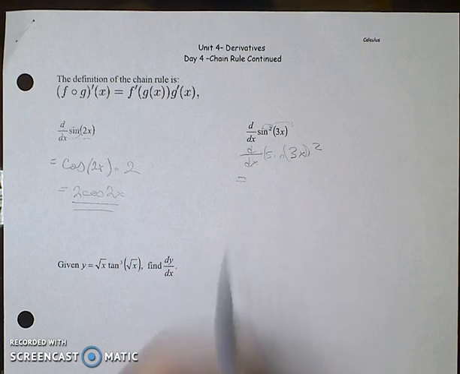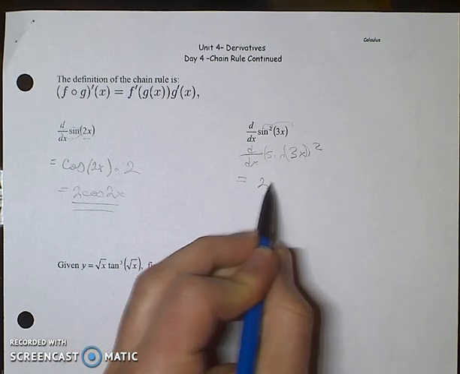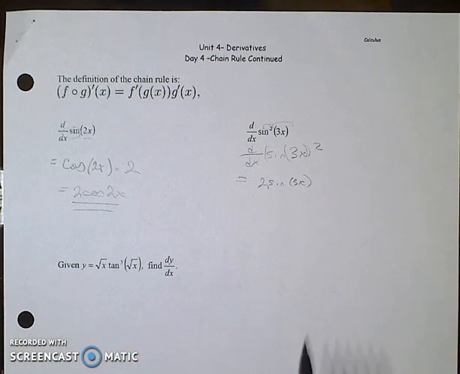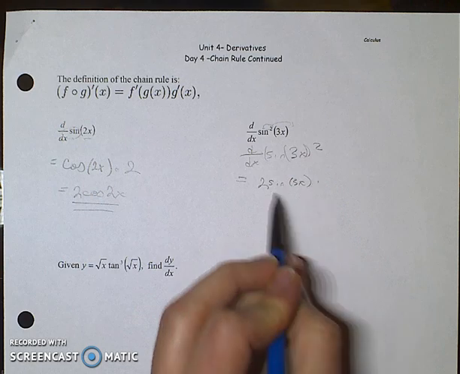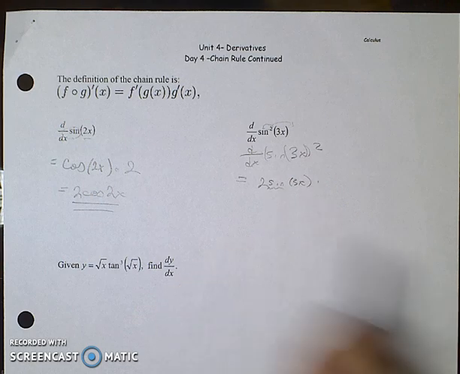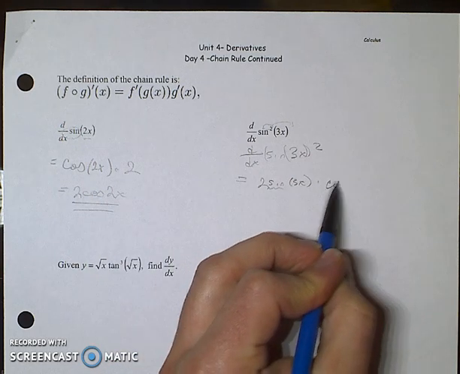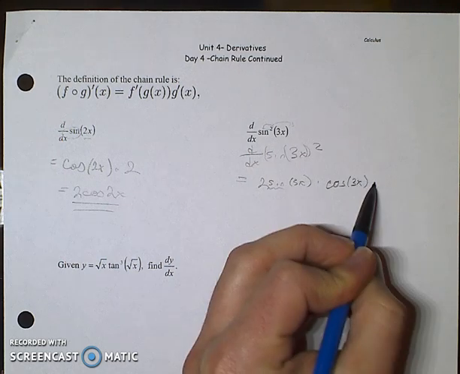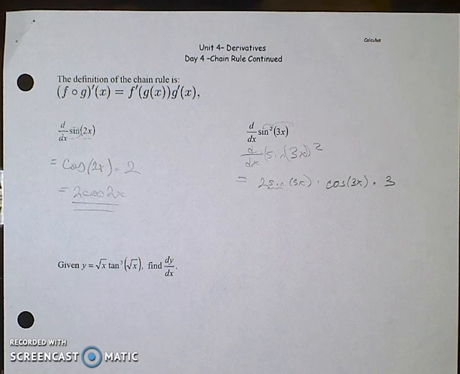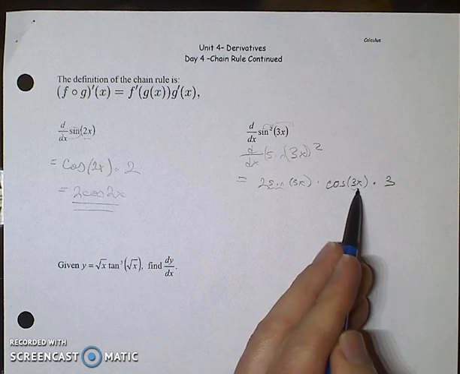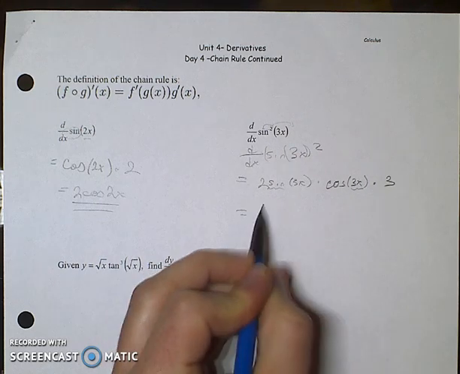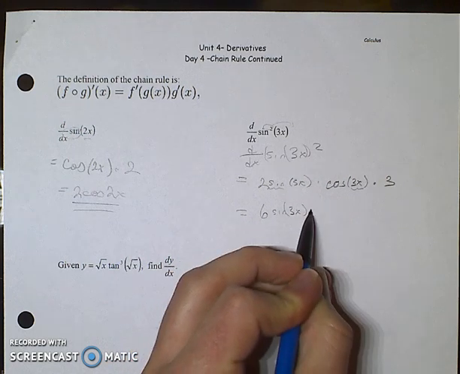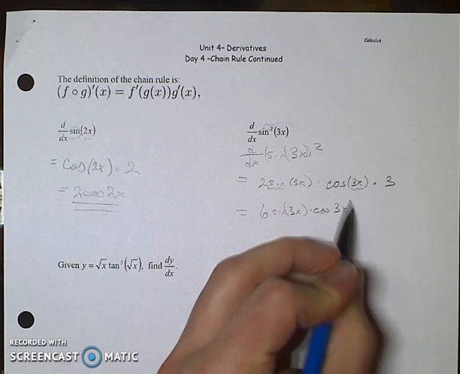If we want to, we can put parentheses there. 2 sine of 3x, all to the first, we don't need to write that though, multiplied by the derivative of that, which is cosine, keep the inside the same, multiplied by the derivative of the inside, which would be right there. And so we finish that off with 6 sine 3x multiplied by cosine 3x.